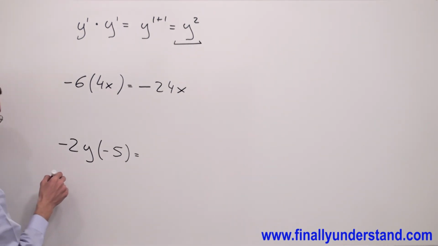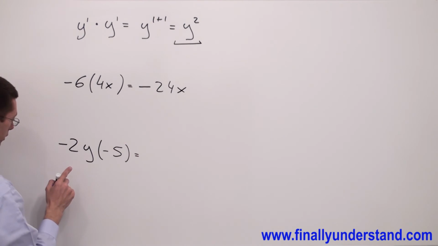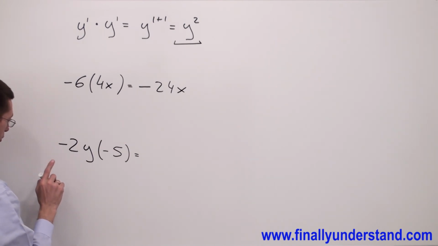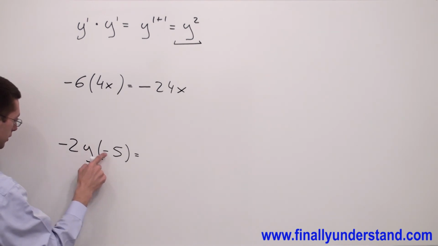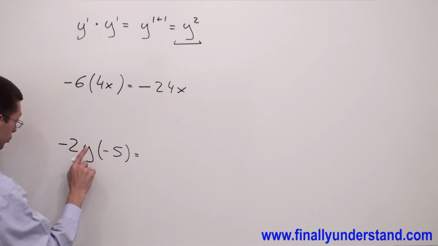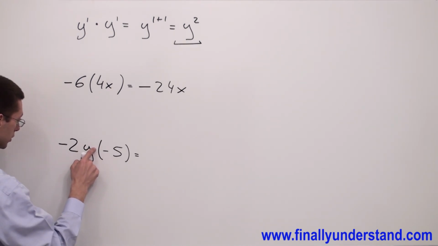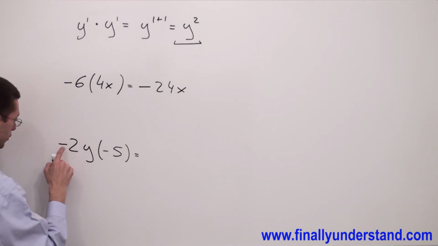Next, again, I'm going to start with understanding the problem. Anytime I have brackets between the variable and number, or between two signs or two numbers, it's like having multiplication. So there's an invisible multiplication sign over here. I have to multiply signs first.